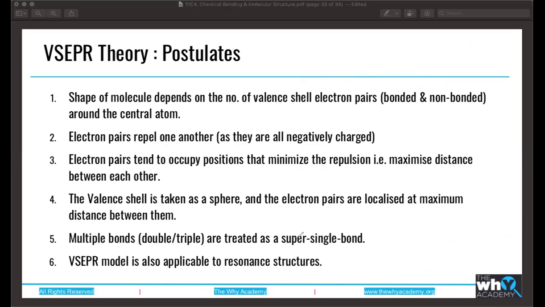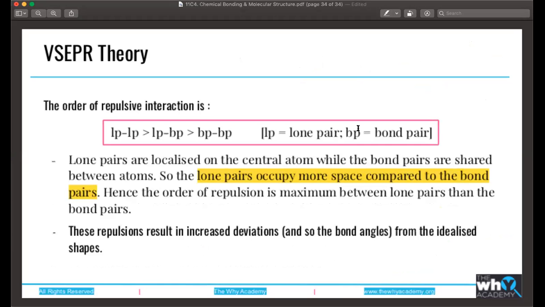All right. Now coming to what the shapes are going to be via VSEPR. We'll be taking up another part. Now there are two types of electron pairs that can exist on an atom. You can have either bond pairs or lone pairs.